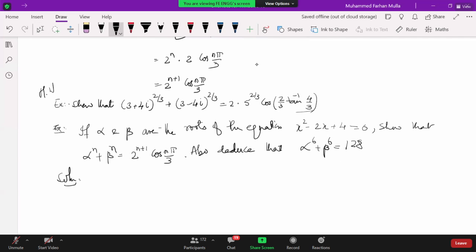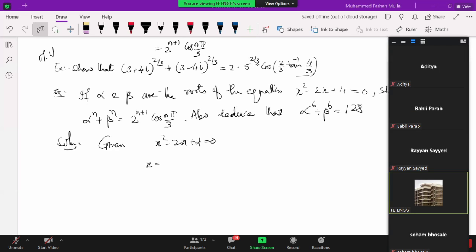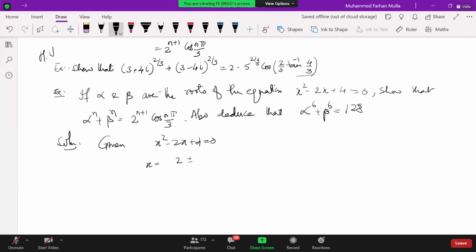So here we have got the equation. What is given to you here is x square minus 2x plus 4 equal to 0. Find the root: minus b plus or minus square root of b square minus 4ac upon 2a.